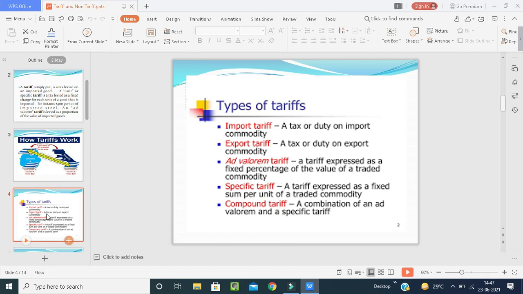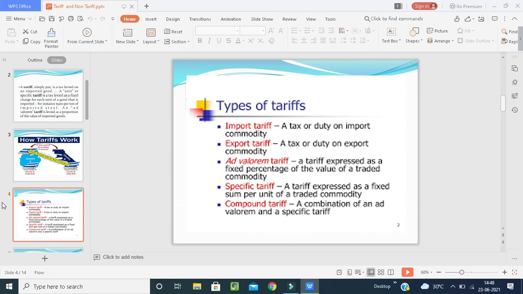When export tariffs are levied, they usually apply to an exporting country's scarce resources or raw materials rather than finished manufactured products. For example, companies exporting from Russia face an average export tariff of about 20% on goods sold in cash transactions, and about 30% on goods sold in non-cash transactions. An import tariff is a tax or duty charged on imported commodities, and when goods are exported, the tax or duty charged on exported commodities applies.